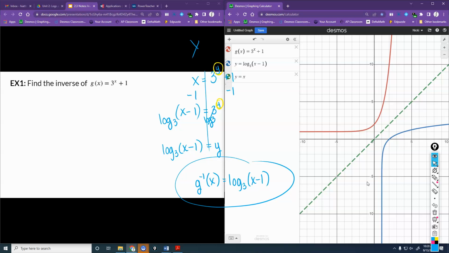I changed mine to dotted. If you hit that gear right there, click on the green dot. There's an option to make it dotted right there. I like to do that because it lets you tell if both your graphs are there.